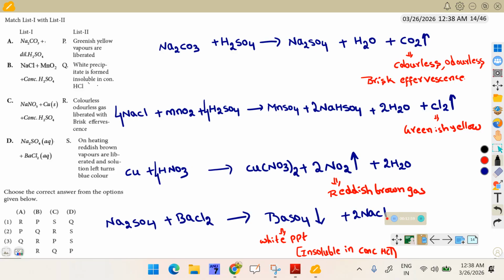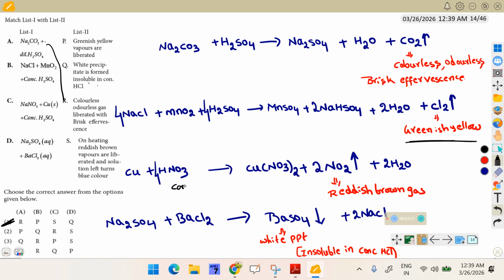Match the following. Na2CO3 reacts with H2SO4, then it liberates a colorless, odorless gas with brisk effervescence. Only one option is there. If NaCl, MnO2, H2SO4 liberates Cl2 gas, it is a greenish yellow color gas.